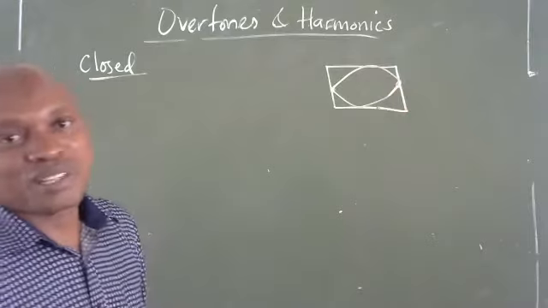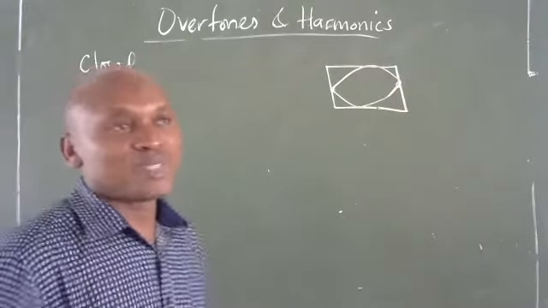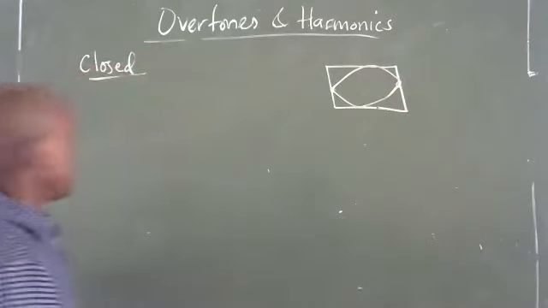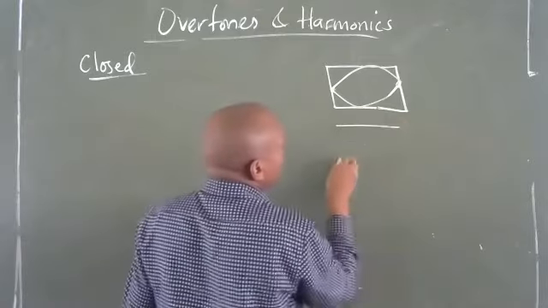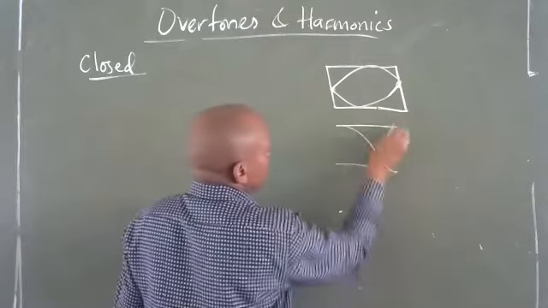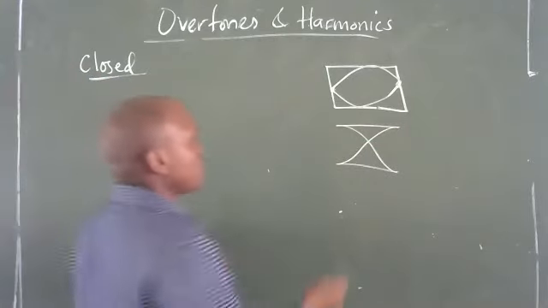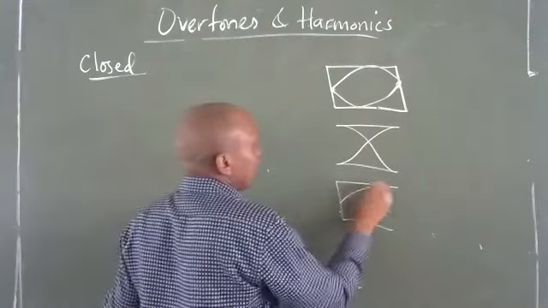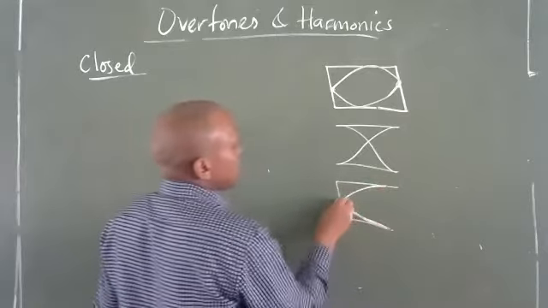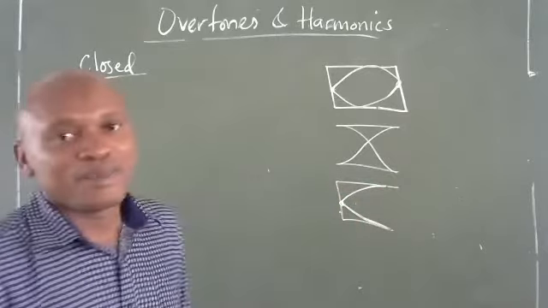Because it's closed on both sides, we shall also close both waves, either end. Remember, for open on both sides, we open on both sides. Remember, for closed at one side, we close one side and we open the other side.